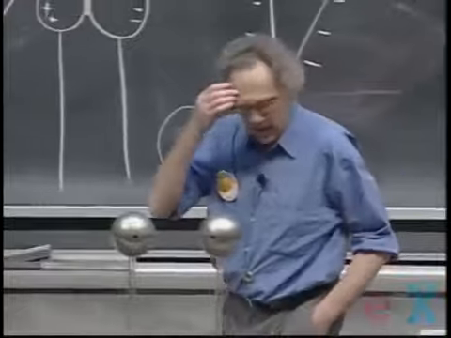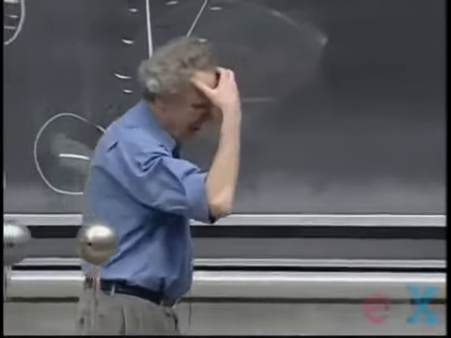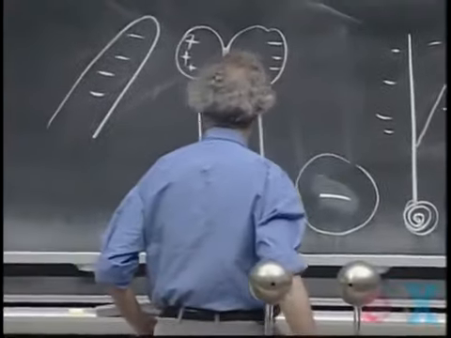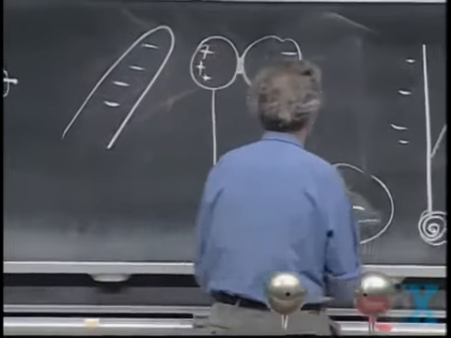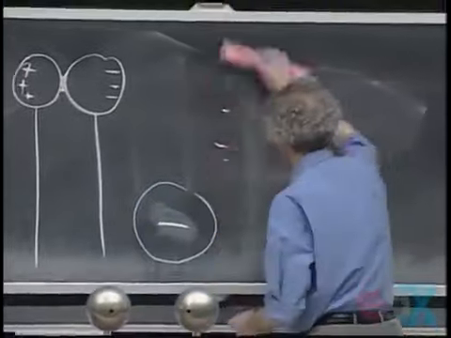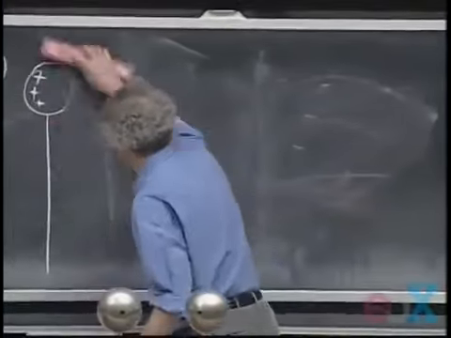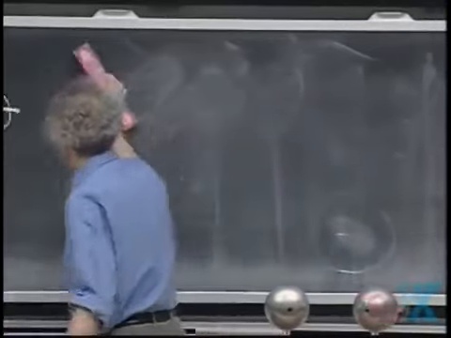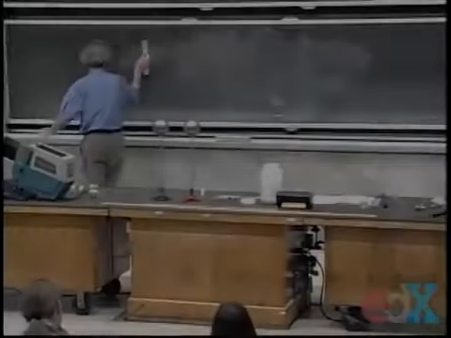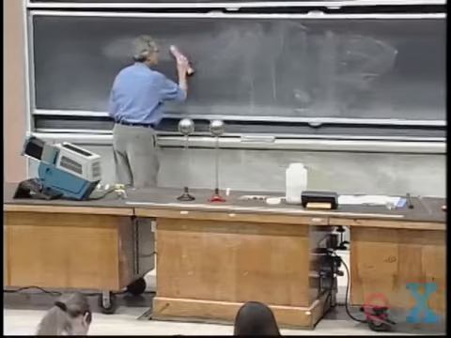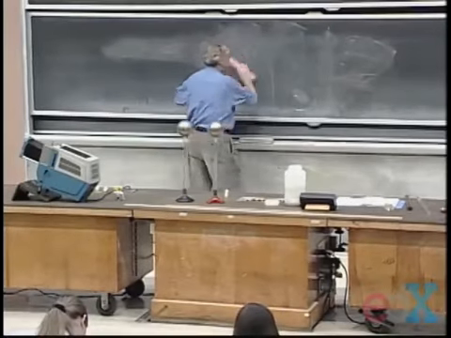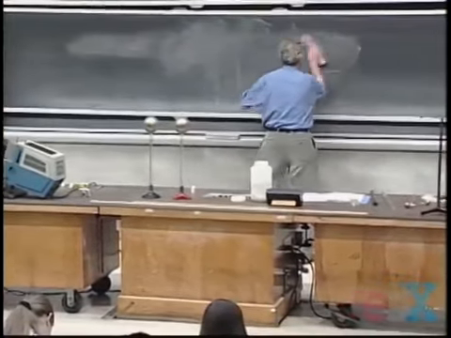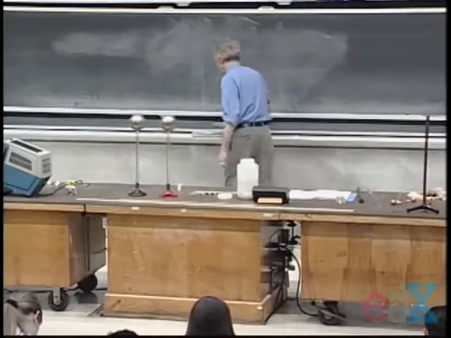If I create a dipole and I put that dipole in an electric field, the dipole will start to rotate. Let's first talk about why it rotates, and then I will try to demonstrate that by making a dipole.